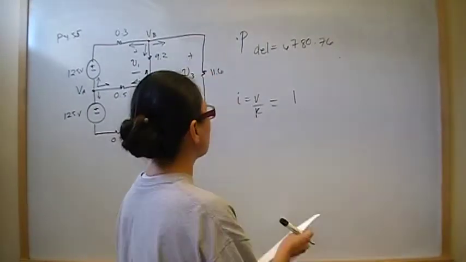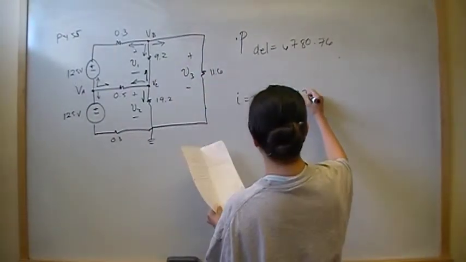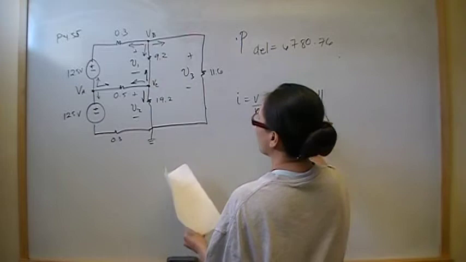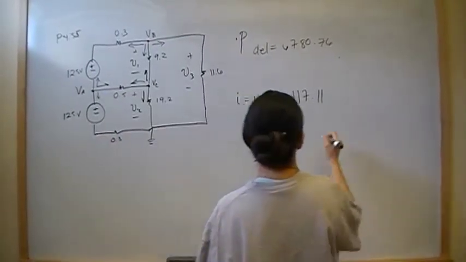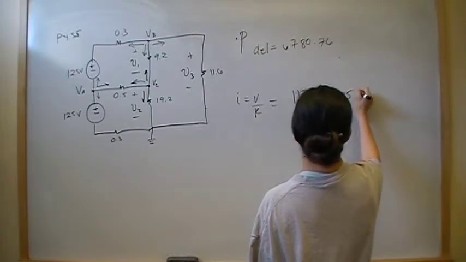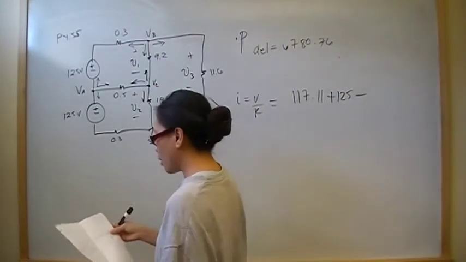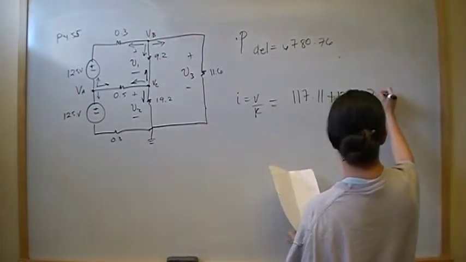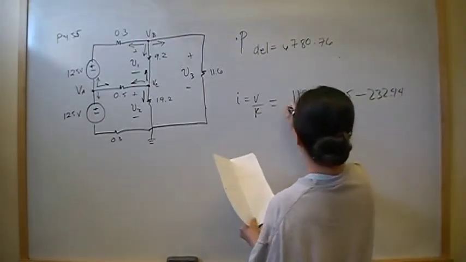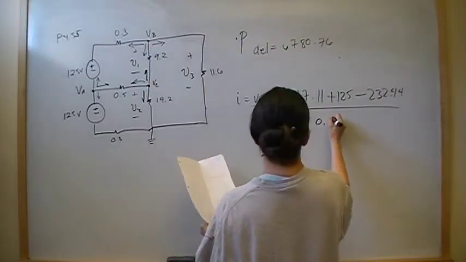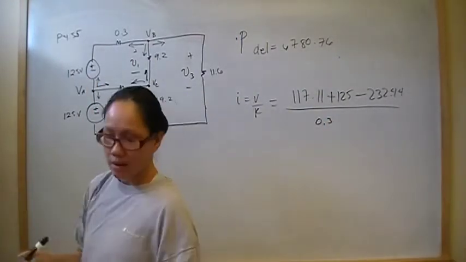VA was 117.11. We're going through, the positive current is going through a voltage rise, so that's going to be plus 125, and then minus VB, which is 232.44, and then the resistance is 0.3.